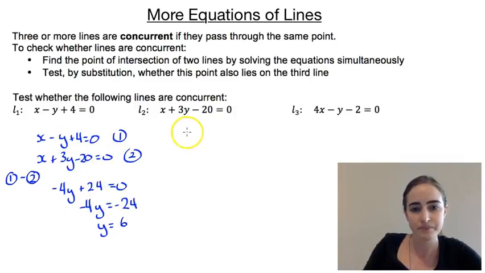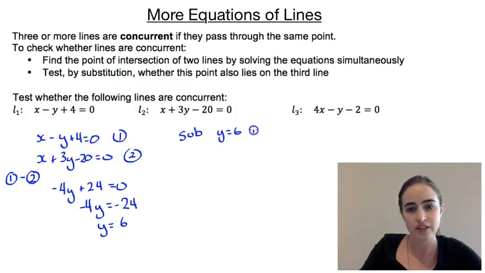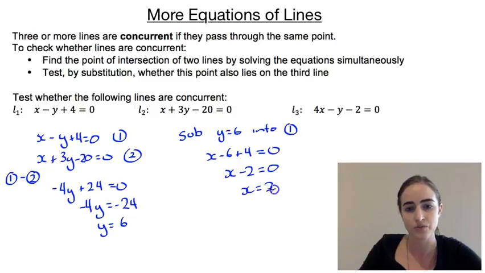So let's sub y equals 6 into that first equation. So we're putting it in here in line 1. So we're going to have x minus 6 plus 4 is equal to 0. So we've got x minus 2 is equal to 0, which means that x is equal to 2. So the point of intersection has coordinates 2, 6.